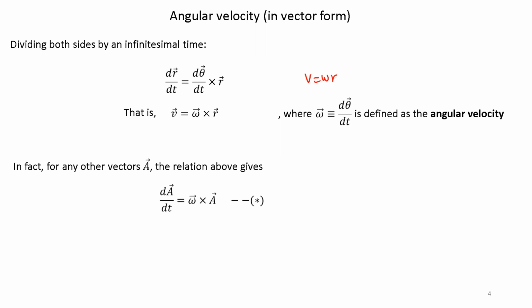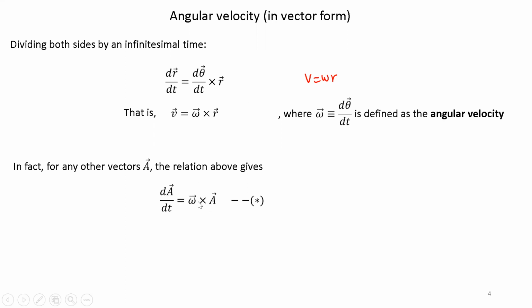And for other vectors A, I can just write dA dt equals omega cross A. But here you need to be careful: I'm assuming that the time dependence of this A vector is only due to the rotation itself.